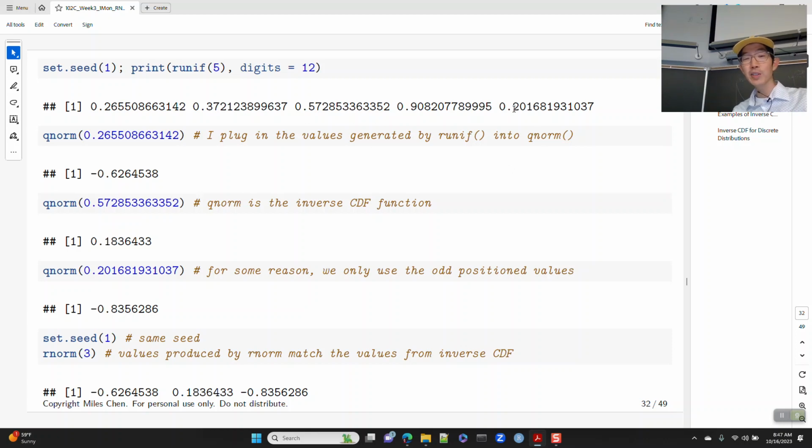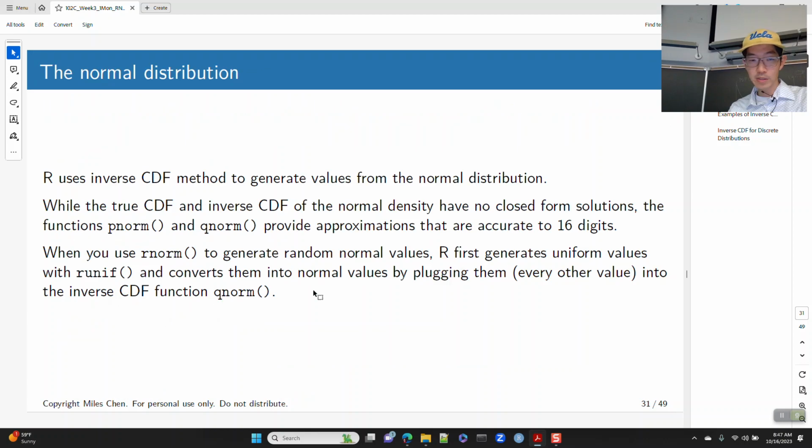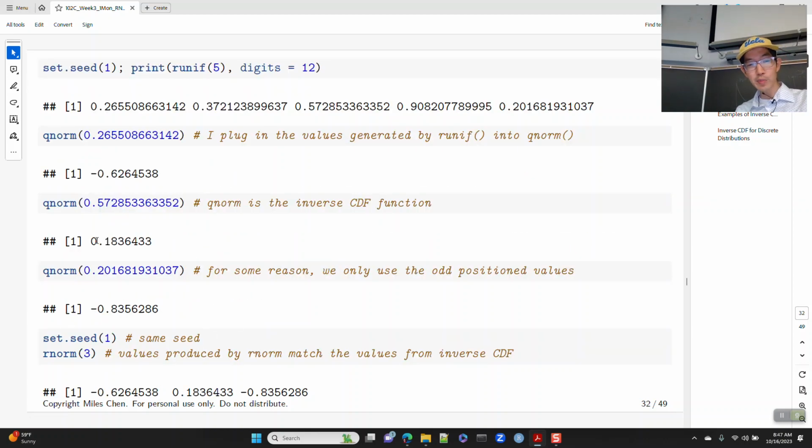And if I plug in 0.20168, it gives me negative 0.8356. Now if I set seed 1 and ask for 3 random normal values, we get those exact same values. Negative 0.626 is exactly the same, then 0.1836 is 0.1836, and negative 0.8356 is negative 0.8356.